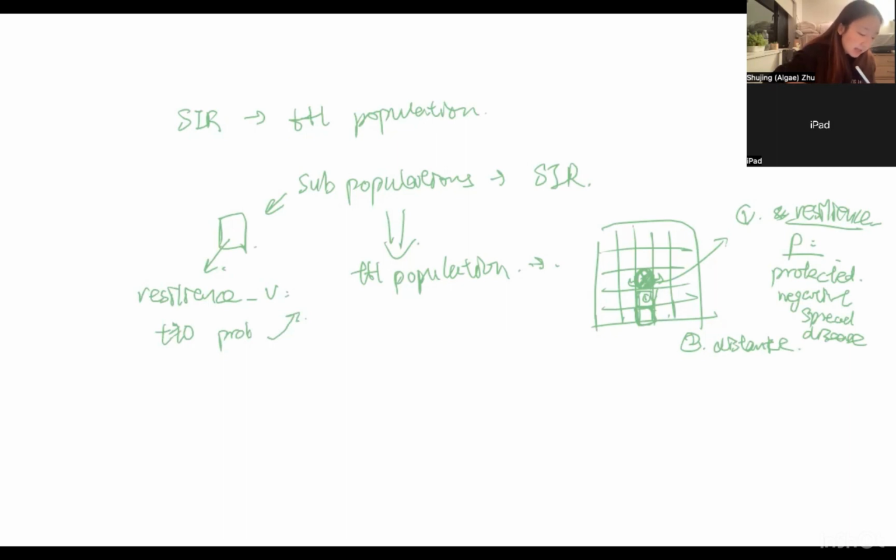And after it has successfully developed the vaccine, and after a certain time period, when the vaccine is distributed and people get it and acquire immunity, this block will automatically go into the recovered state.